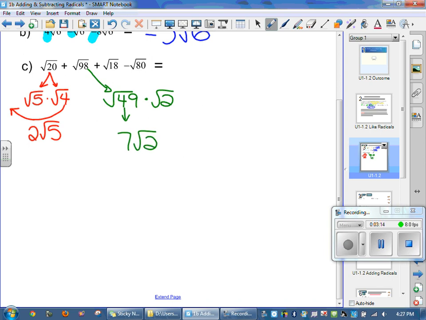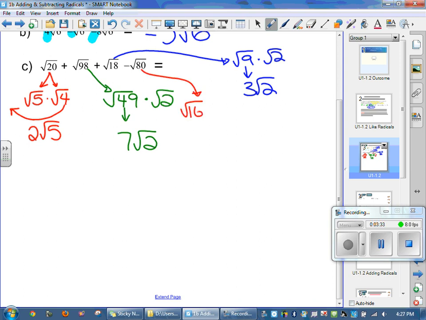Root 18 breaks down into root 9 times root 2, which gives me 3 root 2. Then I've got root 80, which we have seen lots. Root 80 is root 16 times root 5, which simplifies to 4 root 5.